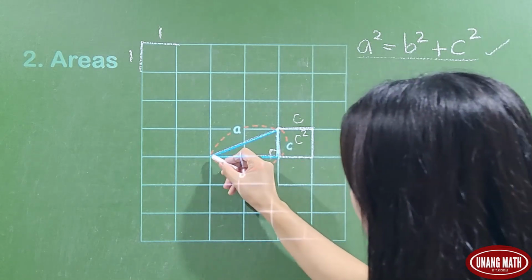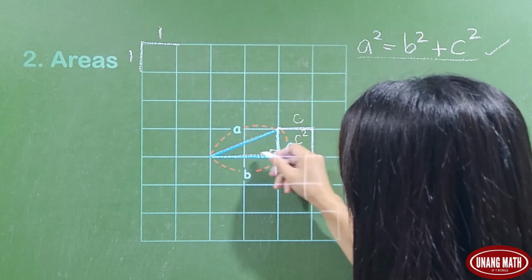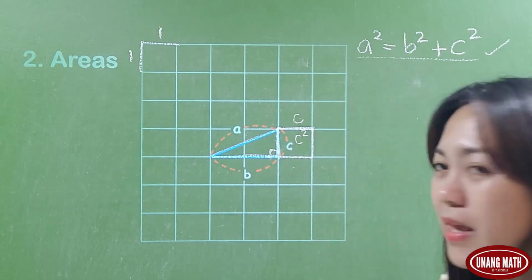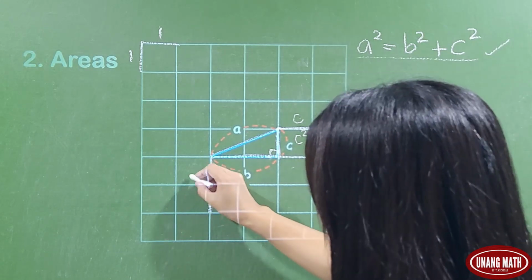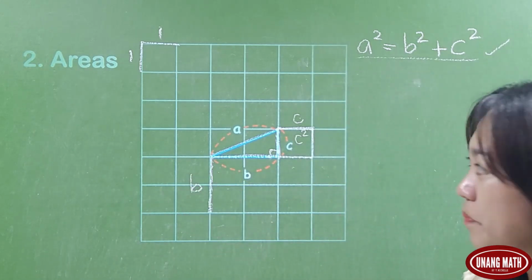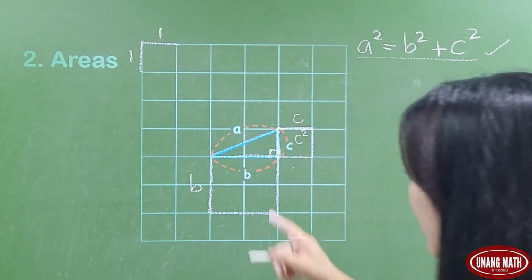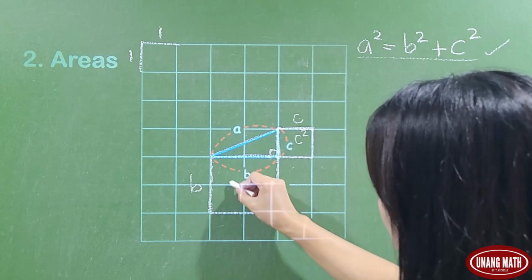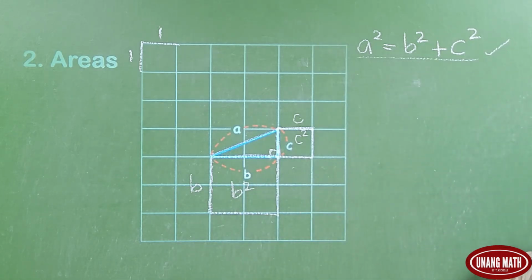Okay, what about this side of this triangle? This side is b, so this side is also b. So the area of this square is b times b, so this is b squared.